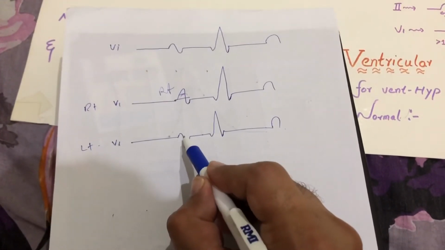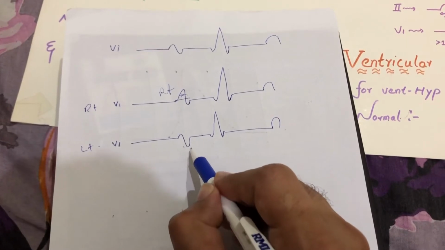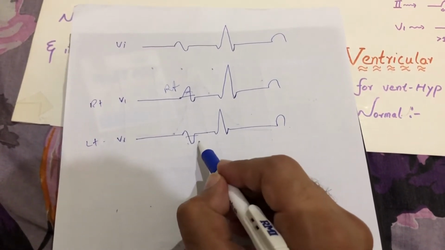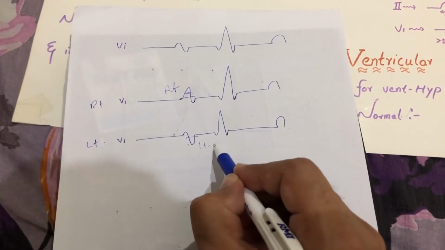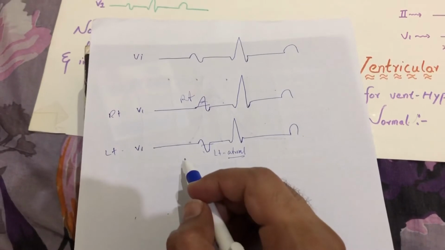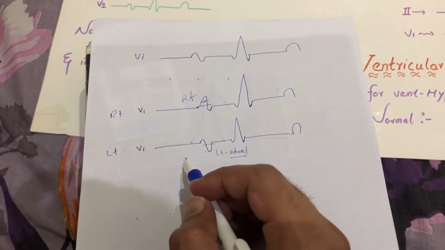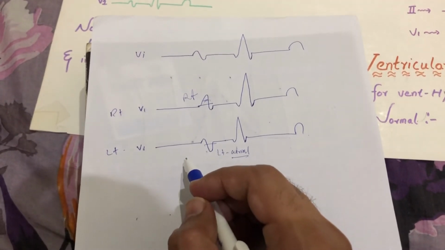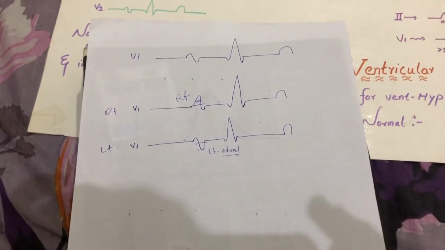And if the upward deflection is smaller and the downward deflection is greater, then we say this is left atrial hypertrophy. I'm sorry, I'm saying right and left atrial enlargement. It should not be hypertrophy, it is enlargement. Right and left atrial enlargements.